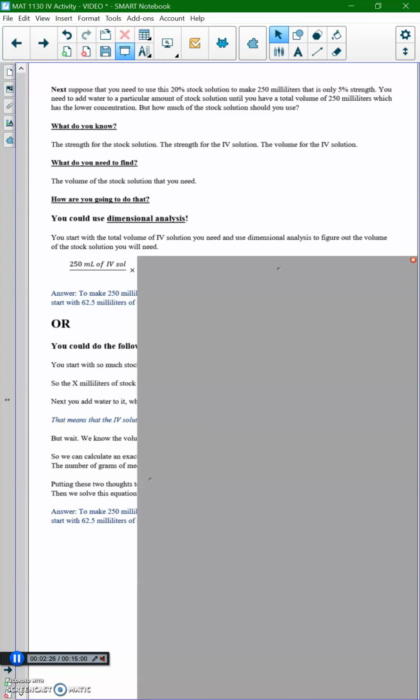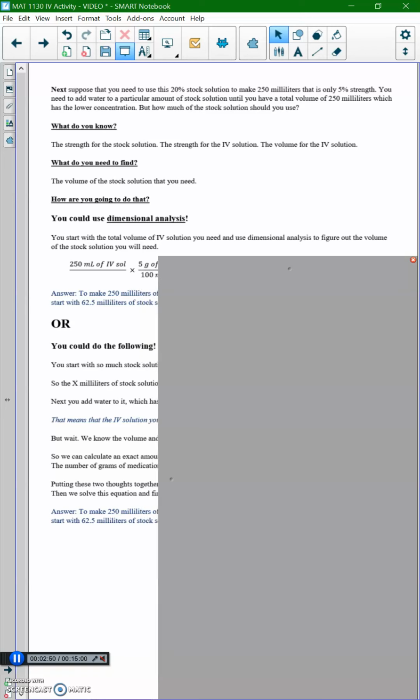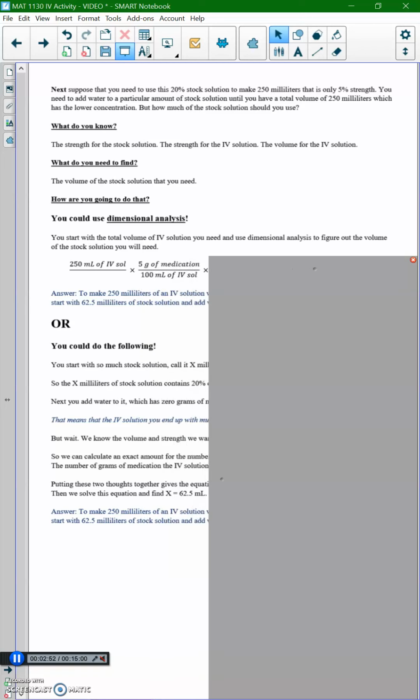So we are going to go back and look at, well, what else do we know about the milliliters of IV solution? Well, we know what we want the strength of this IV solution to be, and we just reviewed how strengths of solutions work. So since we want our IV bag to be a 5% strength solution, that means that we are going to have 5 grams of medication per 100 milliliters of IV solution.